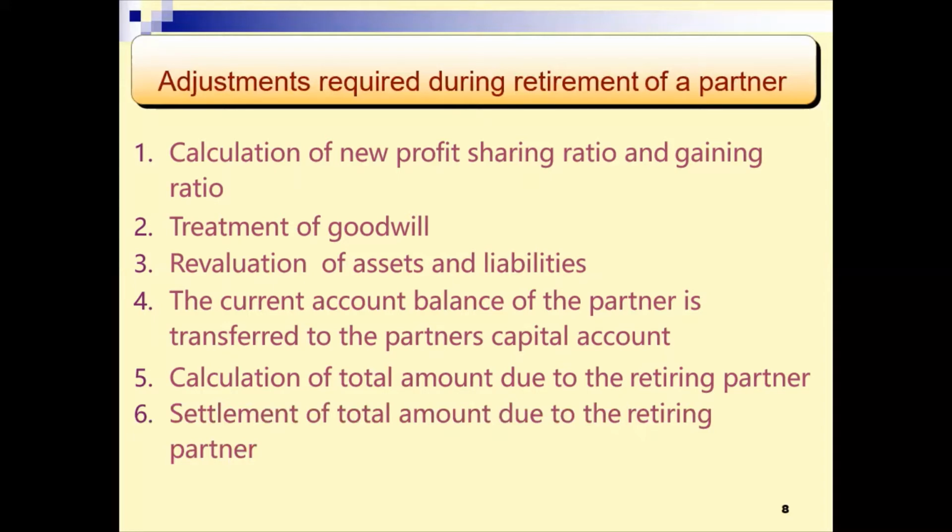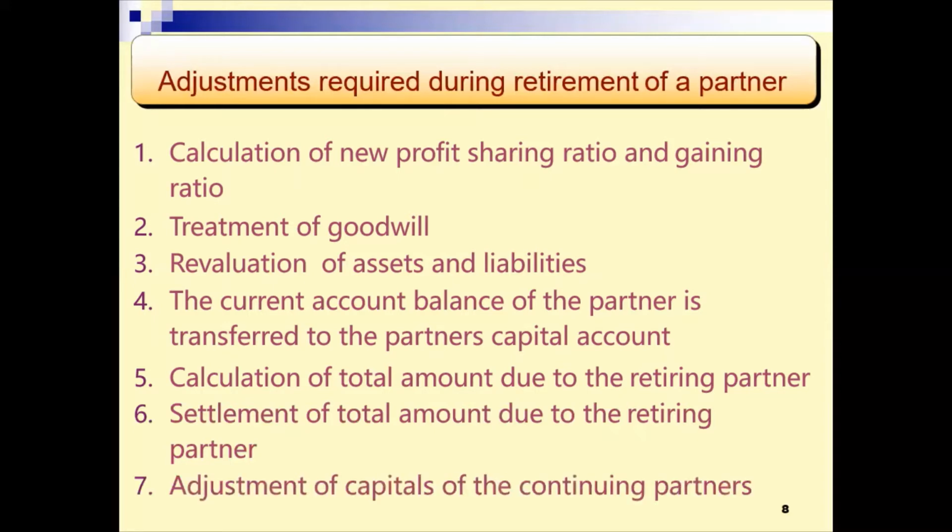Previously, I have explained that this settlement may be done from the remaining partners' personal assets or from the partnership's assets. Lastly, the capital accounts of the remaining partners need to be adjusted so that the continuing partners determine their opening capital balances.